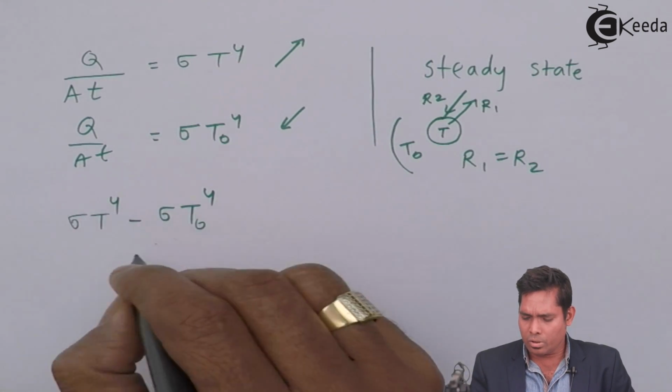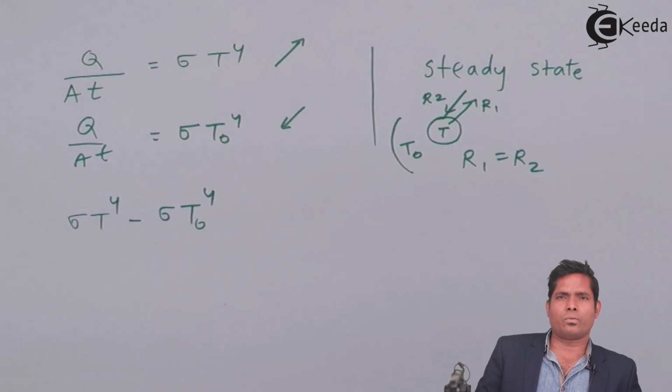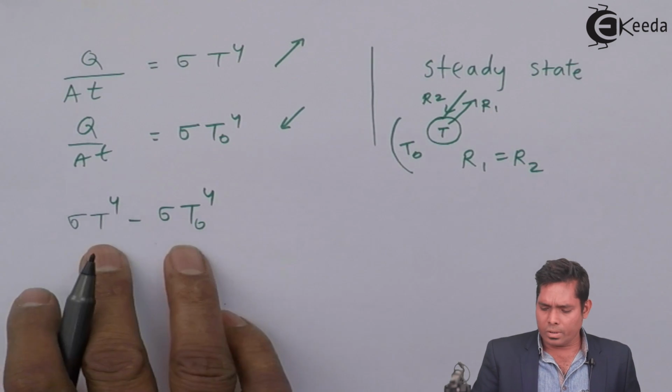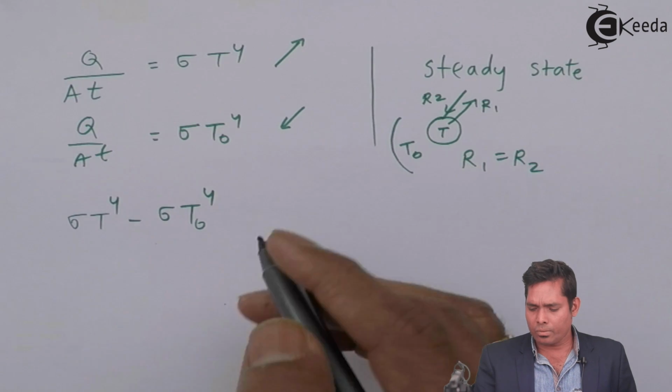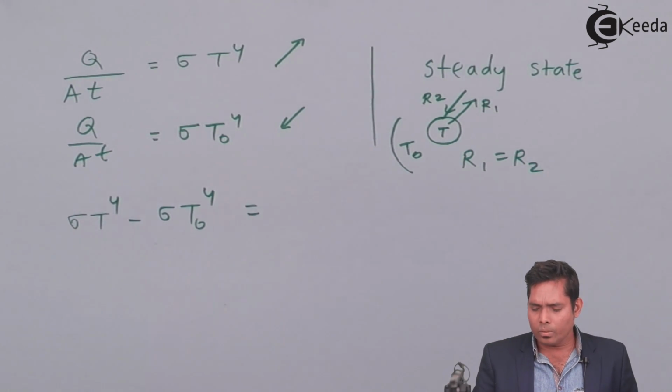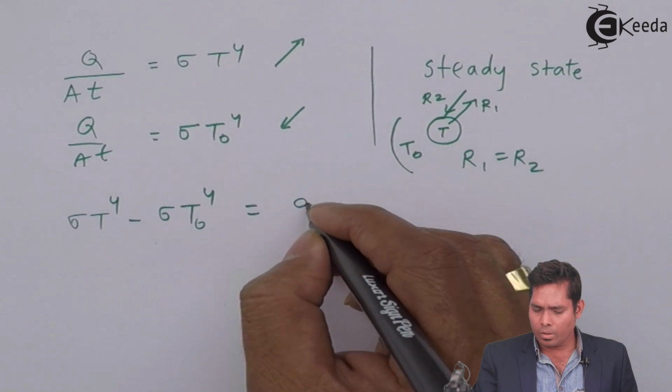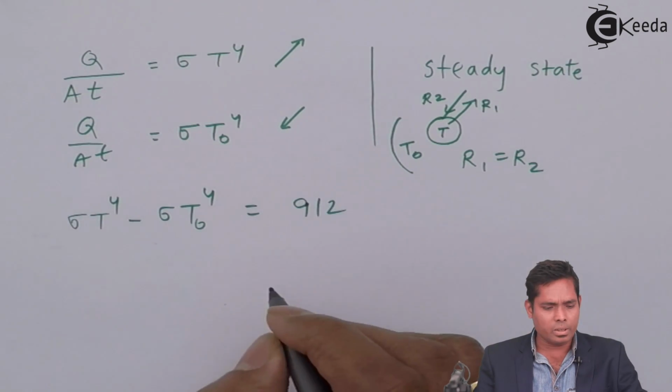This is the rate of loss of heat radiated to the surrounding. That must be equal to the 912 value that is given in the question.